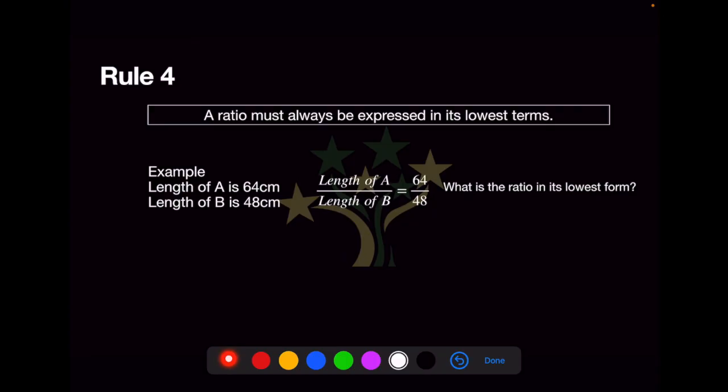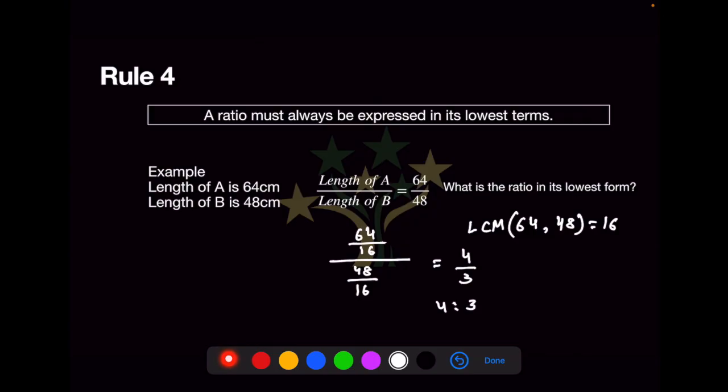So to find the ratio in its lowest form, we have to find the common factor of these numbers and divide them. The highest common factor of 64 and 48 is 16. So we divide 64 by 16 and 48 by 16. We have 4 by 3. So the ratio is 4:3. Now the ratio is in its lowest term.